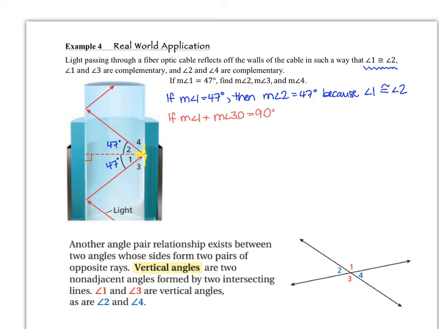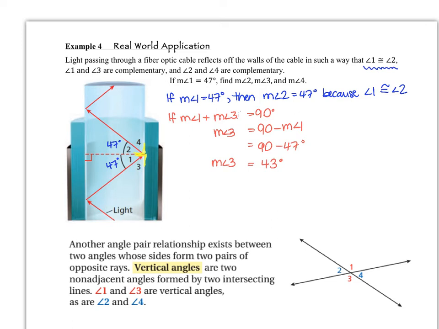So that means they add up to 90 degrees. And we know that the measure of angle 3 then has to be 90 minus the measure of angle 1. And we plug in for the measure of angle 1, which is 47 degrees, so we know the measure of angle 3 is 43 degrees, subtracting 90 minus 47.